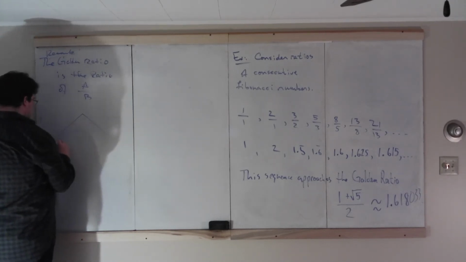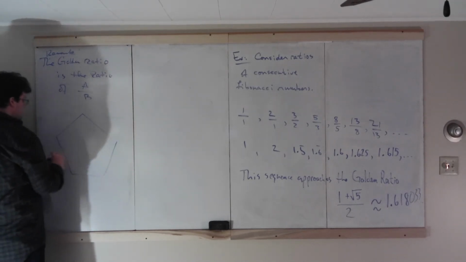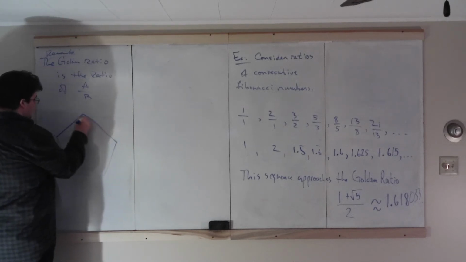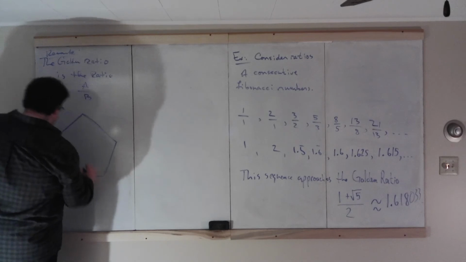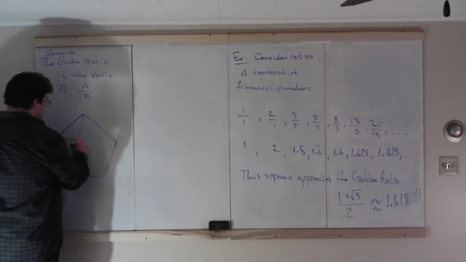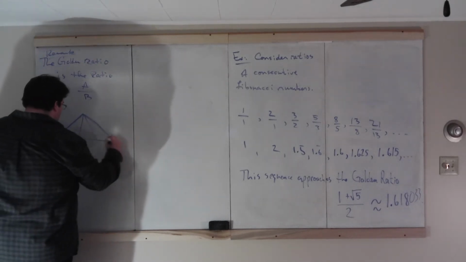This is just one area. Take a regular pentagon. We've actually seen this diagram. Take a complete graph on 5 vertices where they're arranged in the form of a regular pentagon.